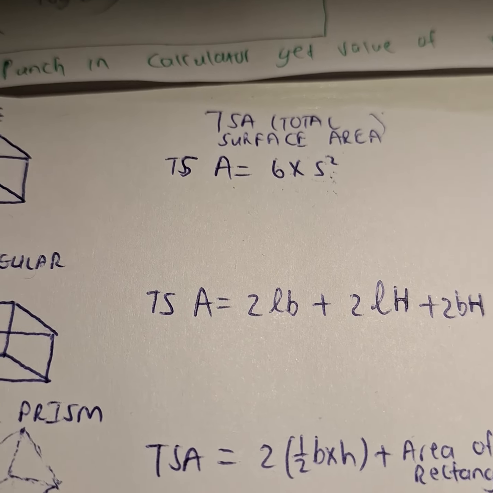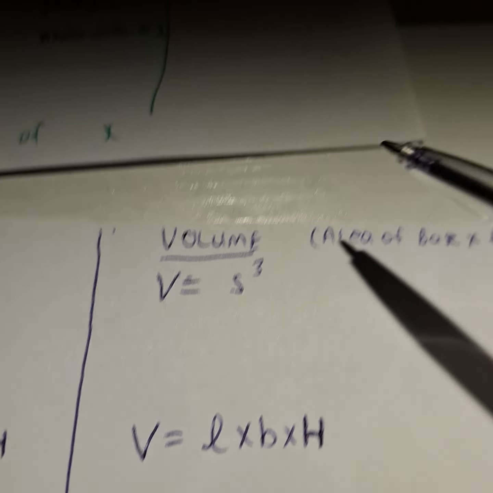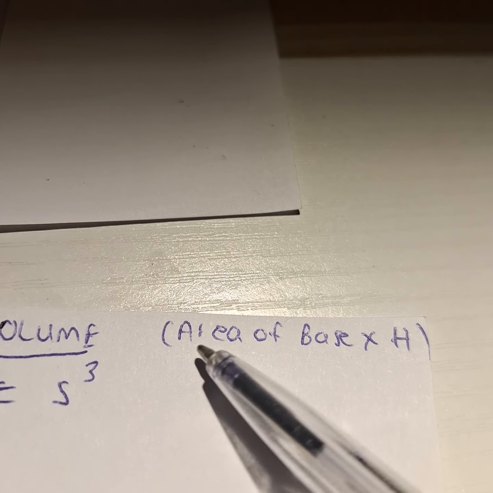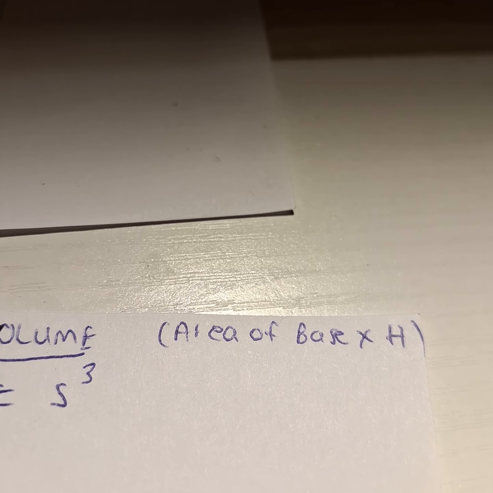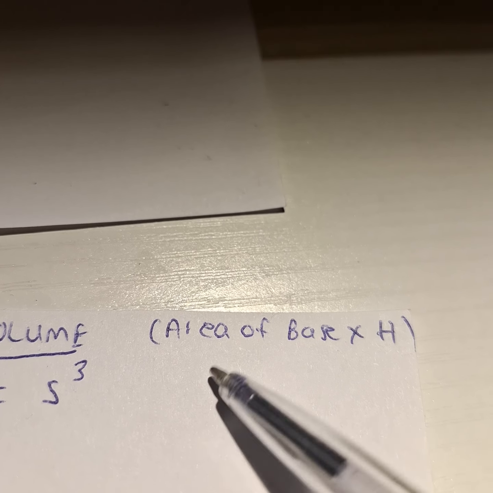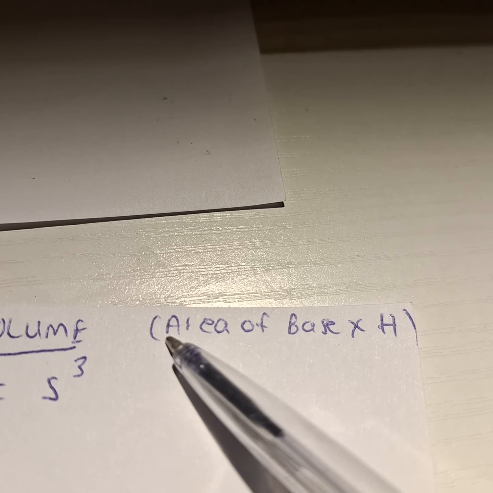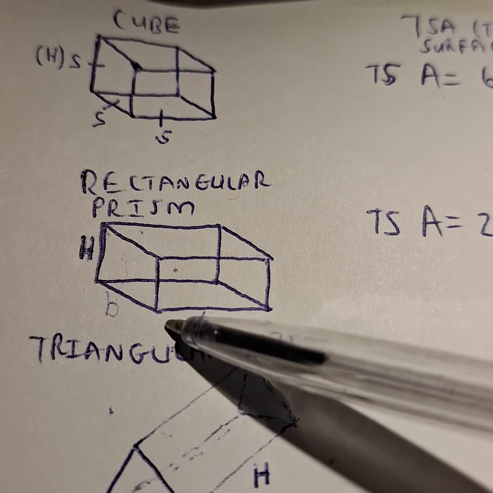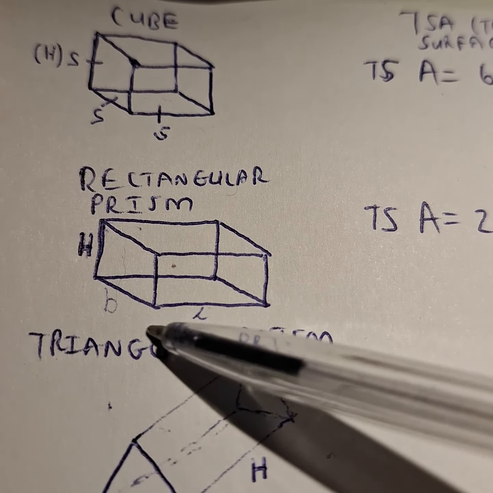If we move on to the volume, once again the concept of volume for any 3-dimensional shape that is a prism has a similar base, and at the top you see this congruent one would be the area of the base. Now let's look at the base here. What do we have as the base? We have a rectangle.